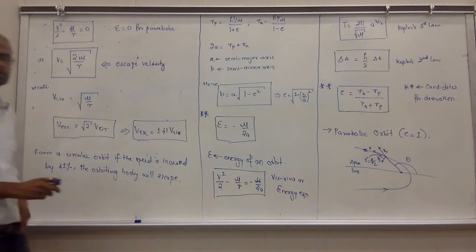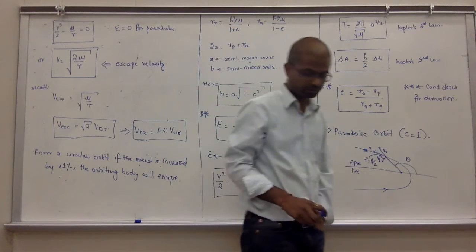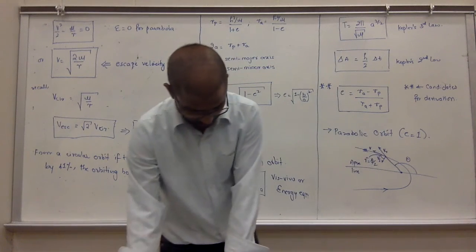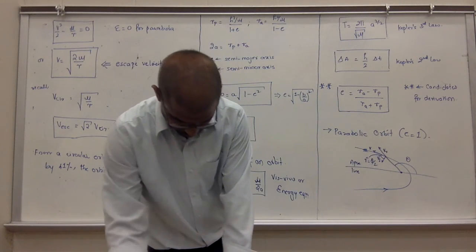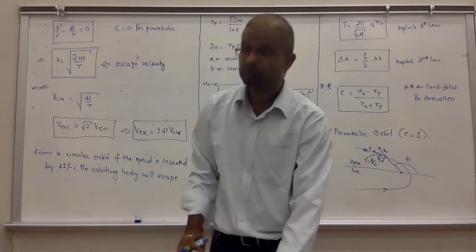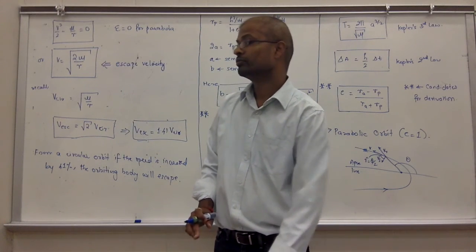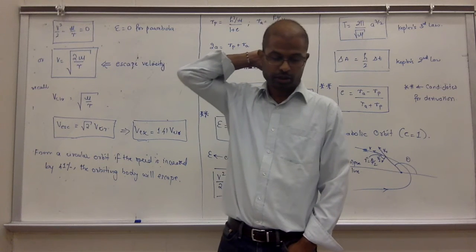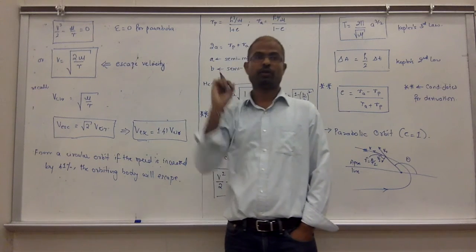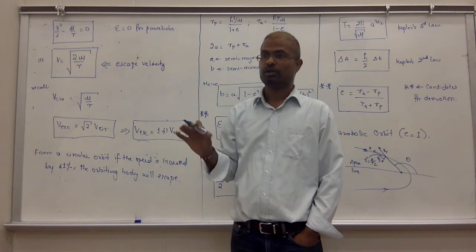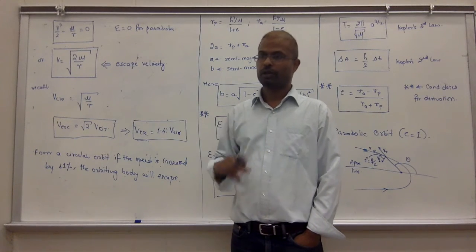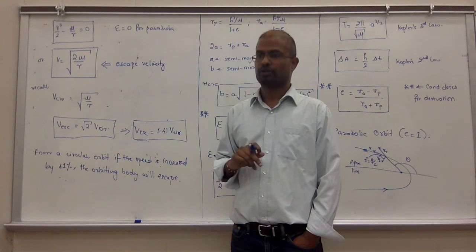Is the escape velocity the same anywhere on Earth, or does it change depending on where you are? If you consider Earth as spherically homogeneous, and if you consider atmosphere as the same, regardless of where you are on Earth, the escape velocity is the same.